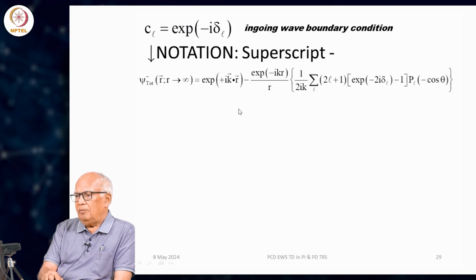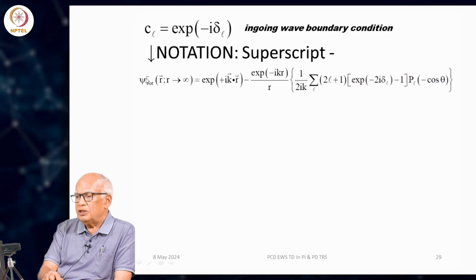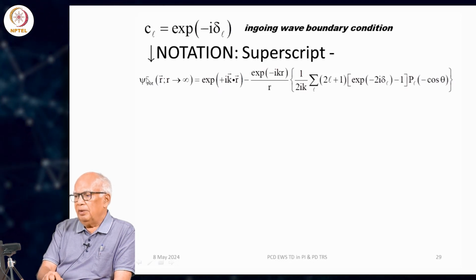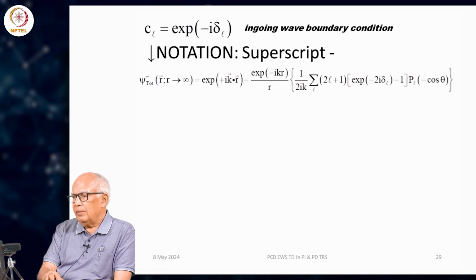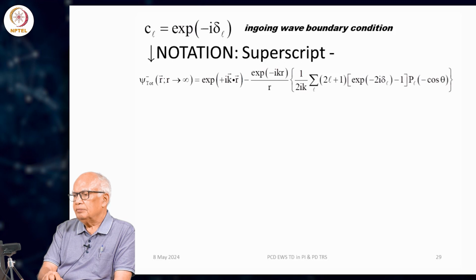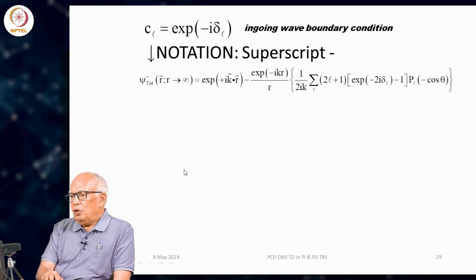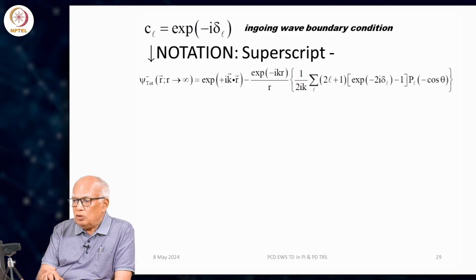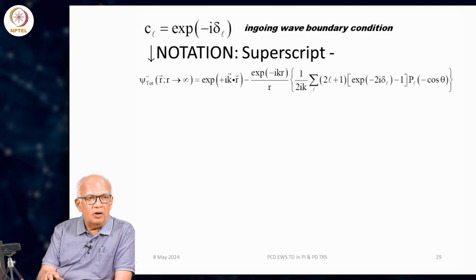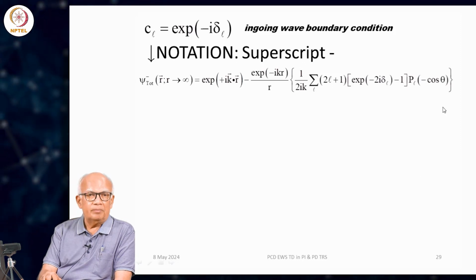First, I put a superscript minus to remind us that we are now using ingoing wave boundary conditions. And if you put the coefficient CL equal to e to the minus i delta L, then you get a solution which looks somewhat similar, but it is not in the details, and what you get is this.